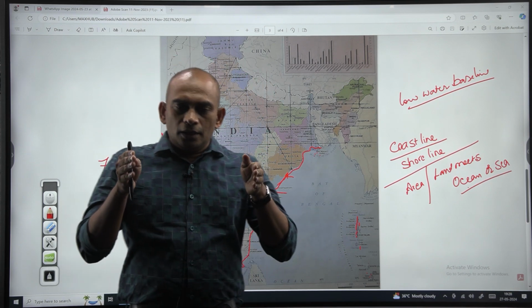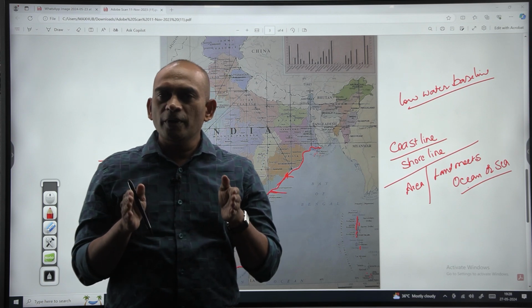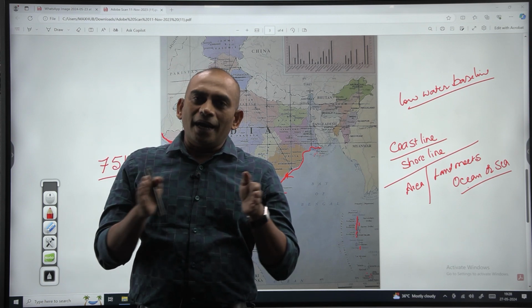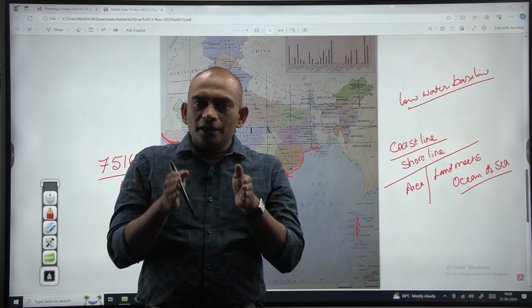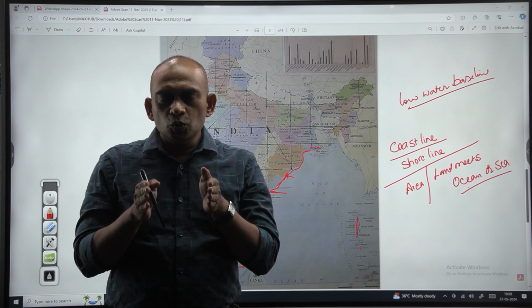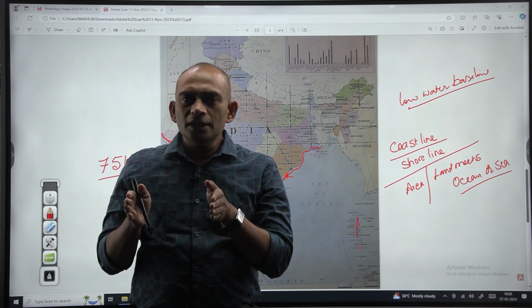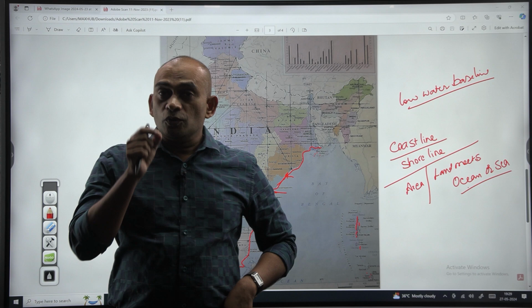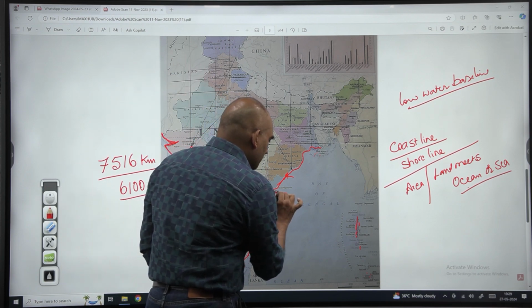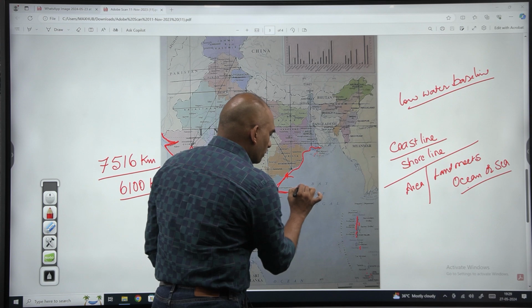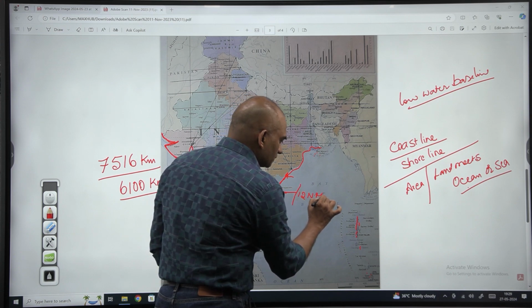If you observe any sea coast, you may find one high tide, another low tide. At the low tide, you will come across one point where water meets land. From that location, the maritime boundary extends up to 12 nautical miles.